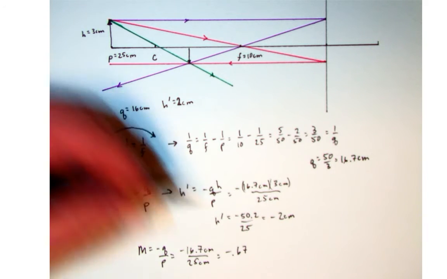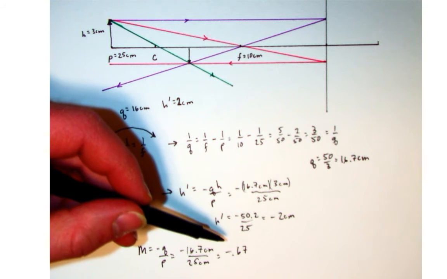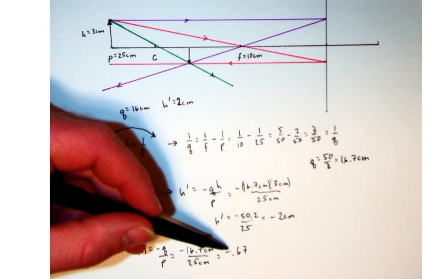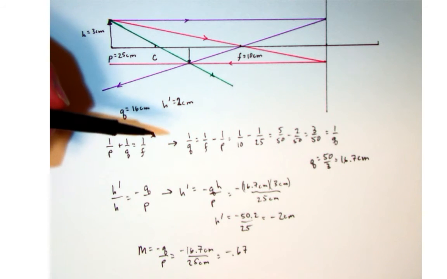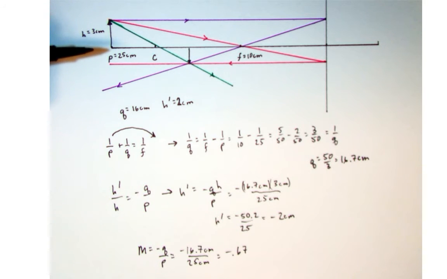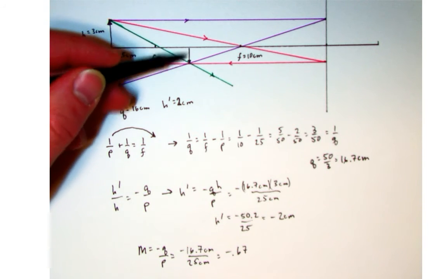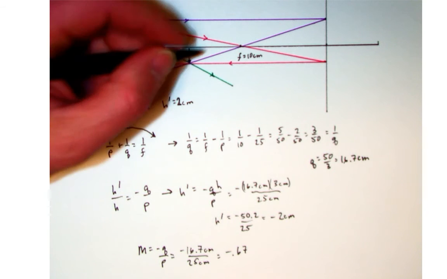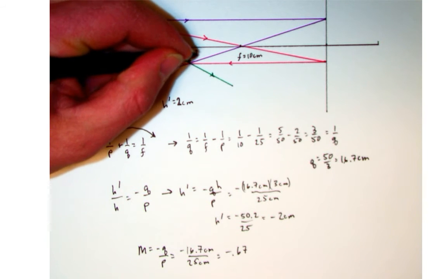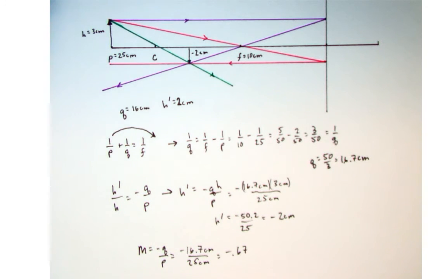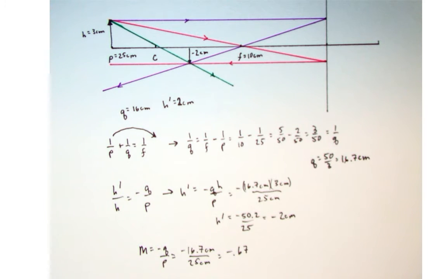So what that's saying is the negative sign is telling us that the mirror will invert the image and make it 2/3 the size of what it initially was. And that is what we found. This is 2 centimeters, this is 3. So that's finding an image for an object that is outside the focal point in front of a concave mirror.